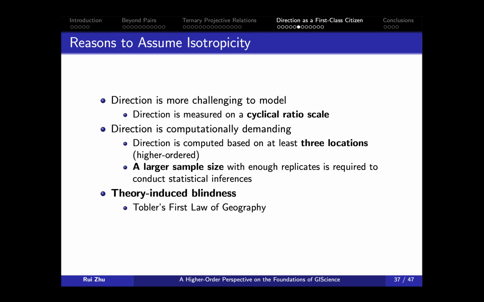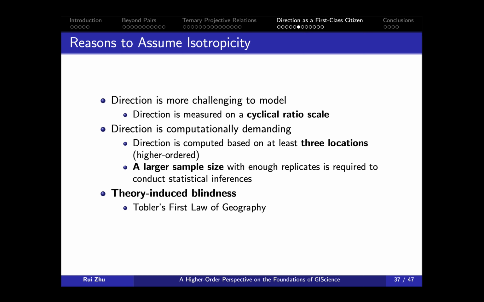While the causes behind the isotropicity assumption are uncertain, possibilities include these three facts. First, direction is hard to compute. Unlike the ordinal or interval scales, direction is measured based on a cyclical ratio scale, which is more challenging to process.